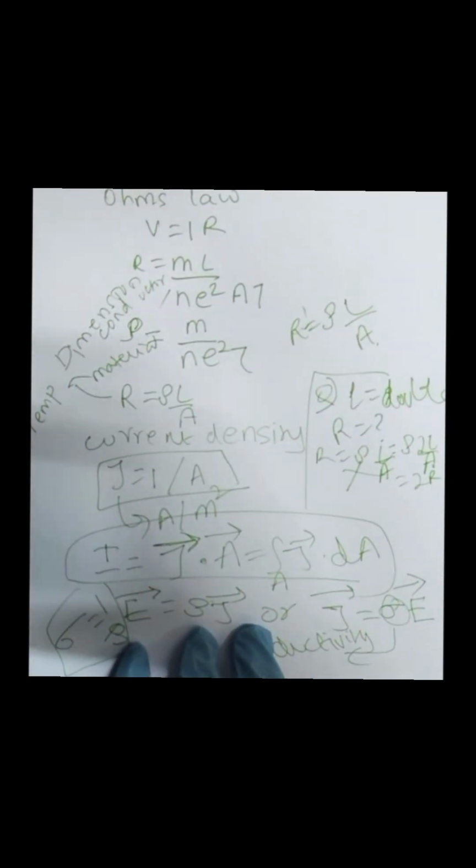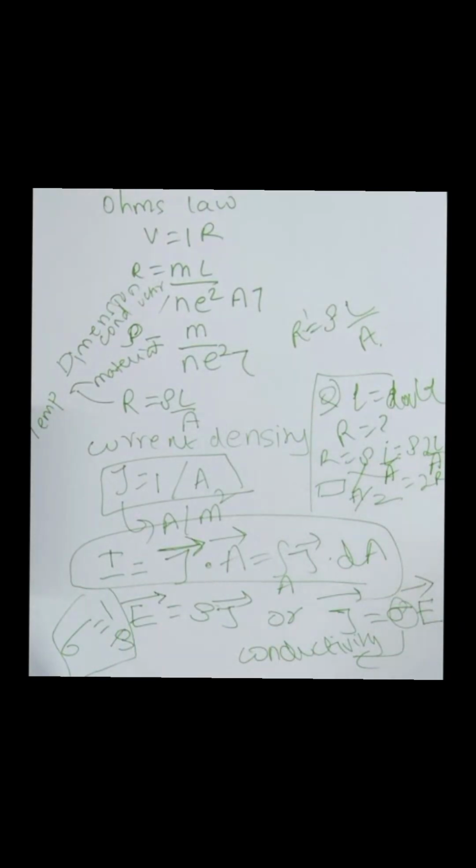R equals rho L by A, so rho 2L by A equals 2R. That answer will be wrong, because if the length is doubled, the area will become half, right?